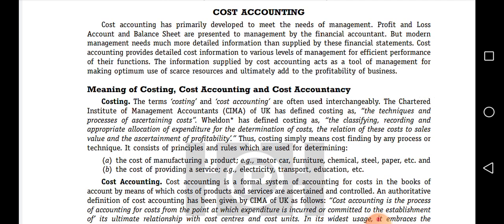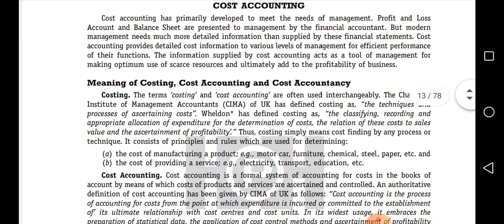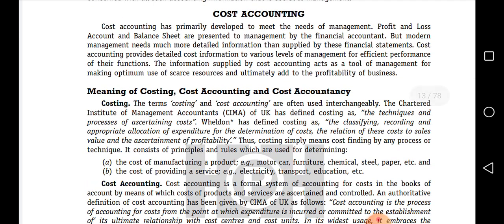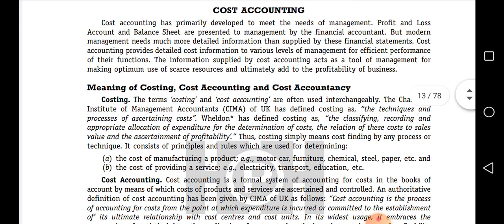We have a lot of drawbacks of financial accounting. The accounting is based on historical data, etc. Moreover, the financial information is not sufficient to make decisions very fast and quickly.